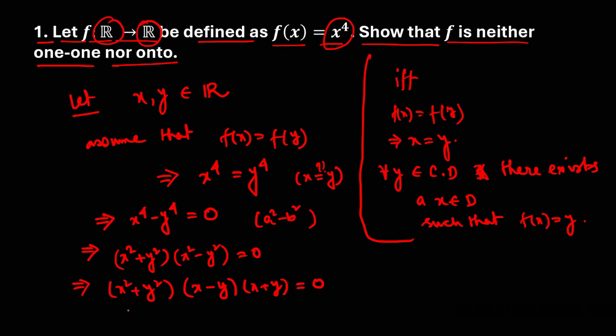So if we multiply three numbers and we are getting 0, then either x square plus y square equal to 0, or x plus y equal to 0, or x minus y equal to 0.